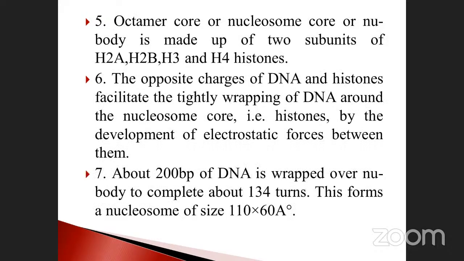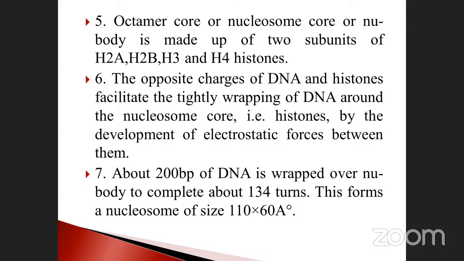The octamer core, or nucleosome core, or nu body, is made up of two subunits. See here, this is very, very important, my dear: H2A, H2B, H3 and H4 histones. There are two types of subunit in the octamer core.